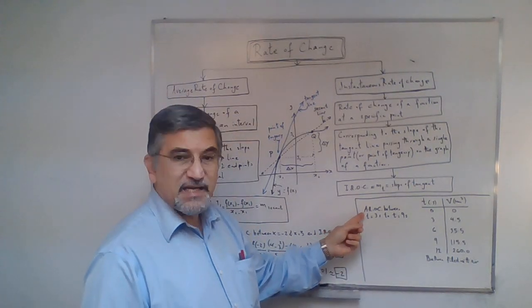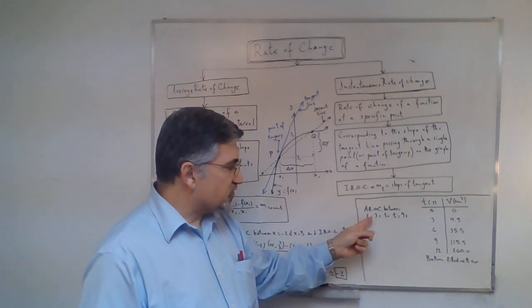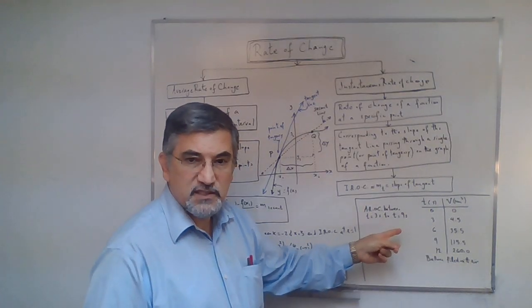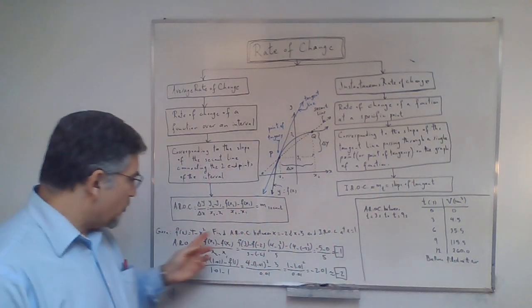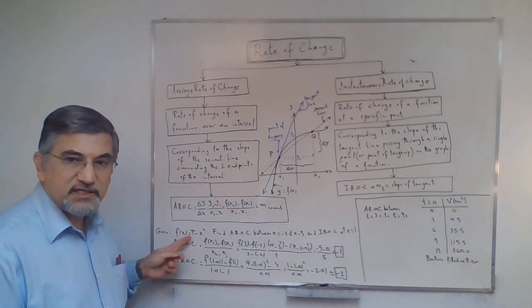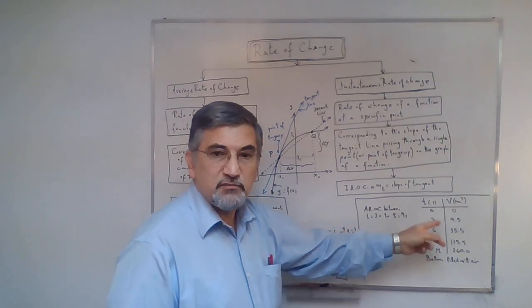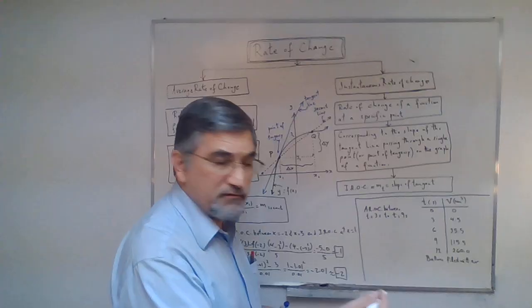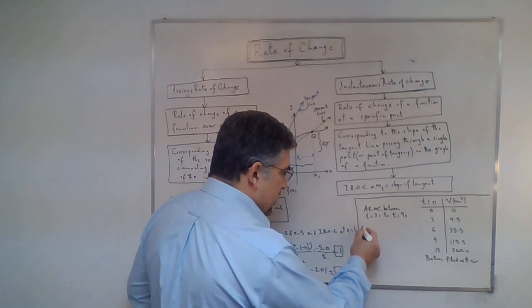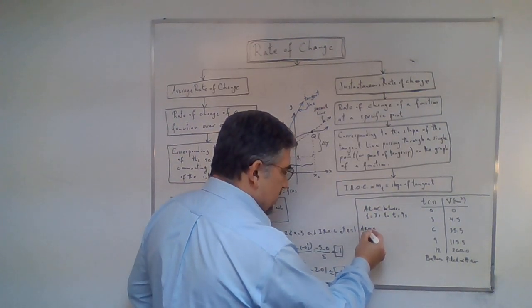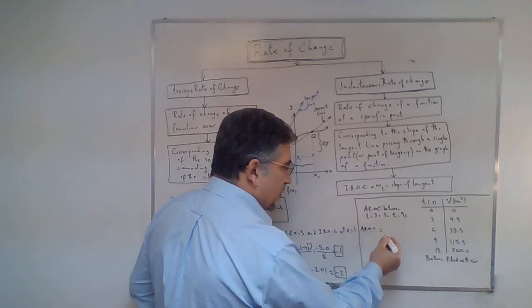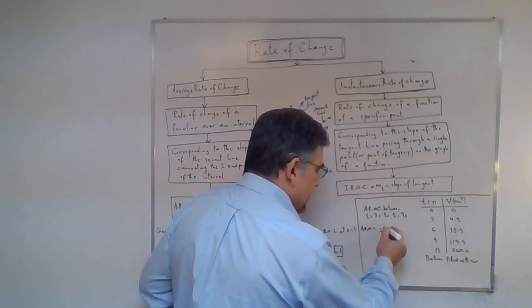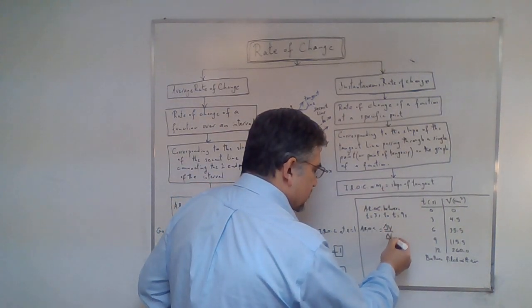And the question says find the average rate of change between t equals 3 seconds and t equals 9 seconds. So this time you see that no equation like y equals 4 minus x squared is given, but instead a table of values is given. That's fine. We can still calculate the average rate of change. So AROC equals change in volume divided by change in time.